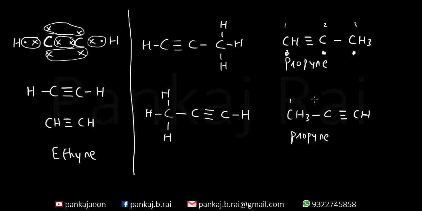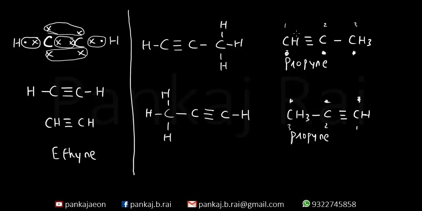Similarly, if we try to number this way, 1, 2, 3 or 1, 2, 3, in this the triple bond is lying between 2 and 3, so the triple bond is beginning from 2. In this the triple bond is lying between 1 and 2, so the triple bond is beginning from 1. So this is the incorrect way of numbering and this is the correct way of numbering. Now look at this one.